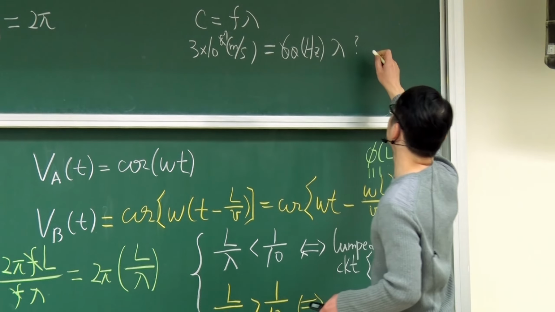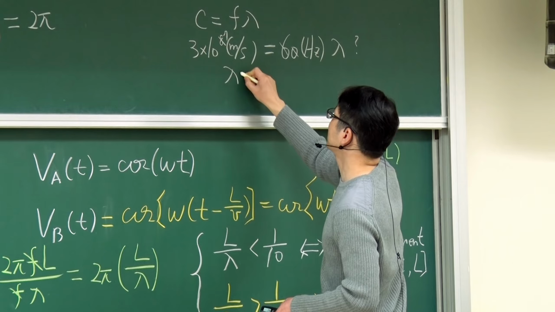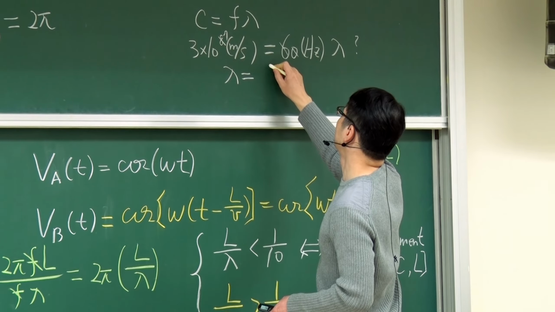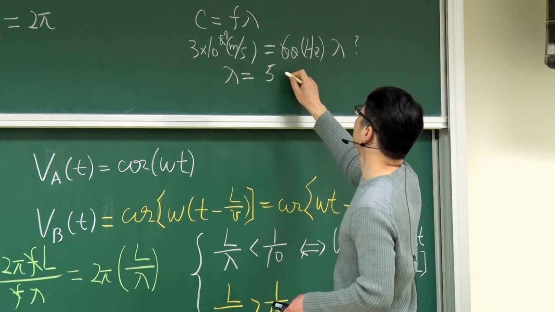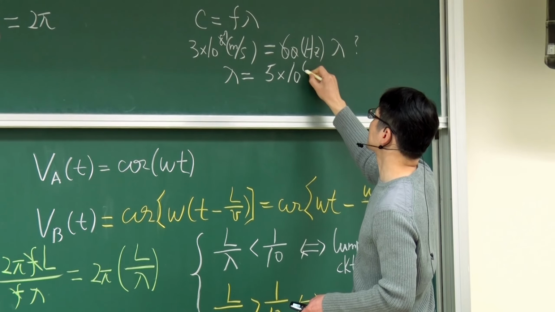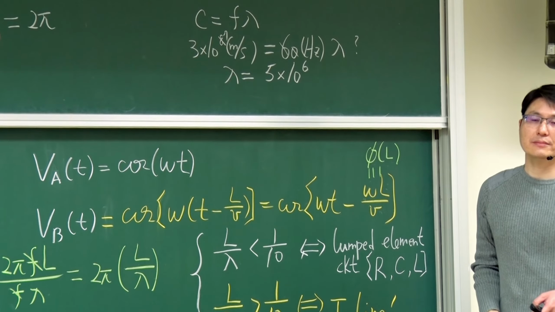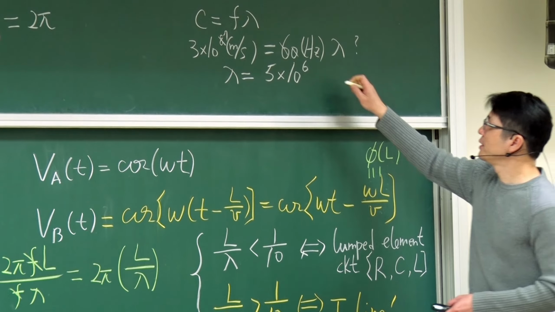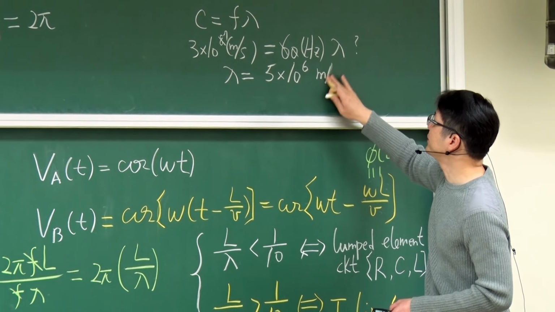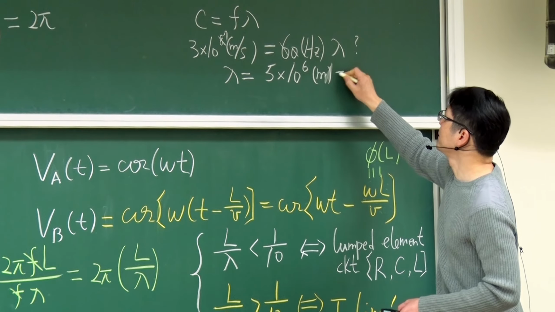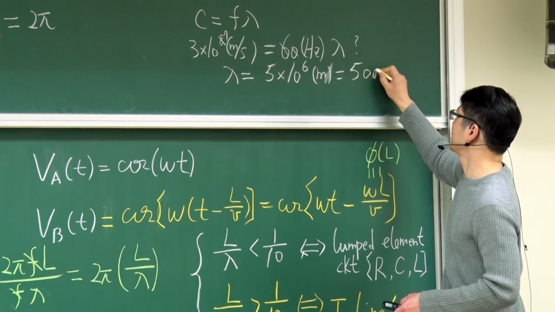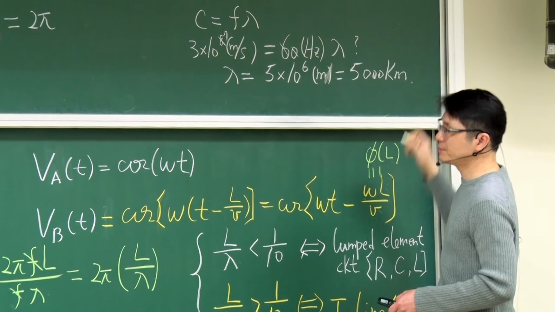Lambda is 5 times 10 to the 6 meters. So this is like 5,000 kilometers.